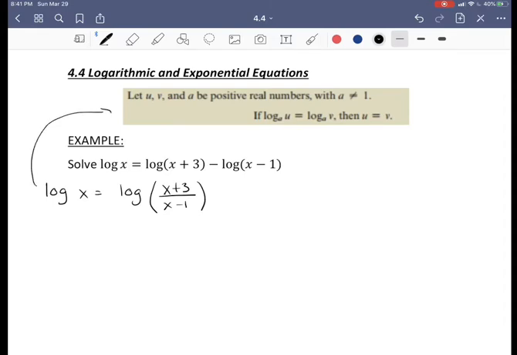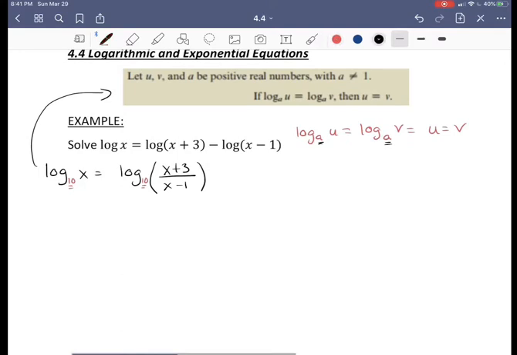Now, if we go to the top theorem, it says that if I have log a u is equal to log a v, then my answer is u equals v. The important part is that they both have the same base, a. On this problem, we have the same base, which is 10. That means we can follow this and we have x equals x plus 3 over x minus 1.